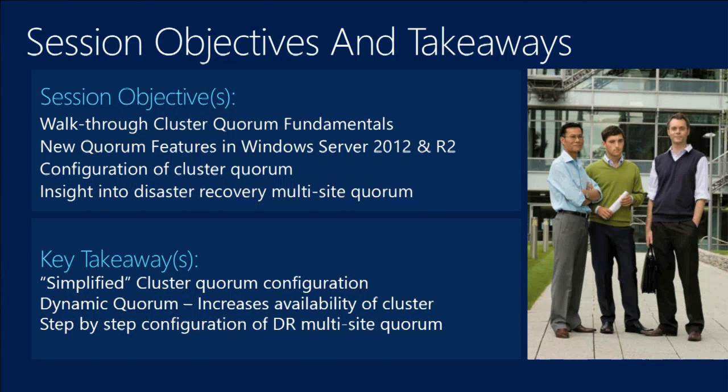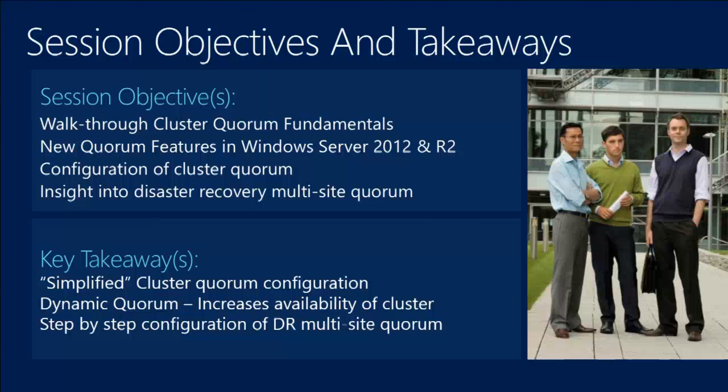So I would be covering the quorum fundamentals and the basics, like what are the different types of quorum models you may potentially have, what are the voting elements, and things like those at the beginning of the presentation.